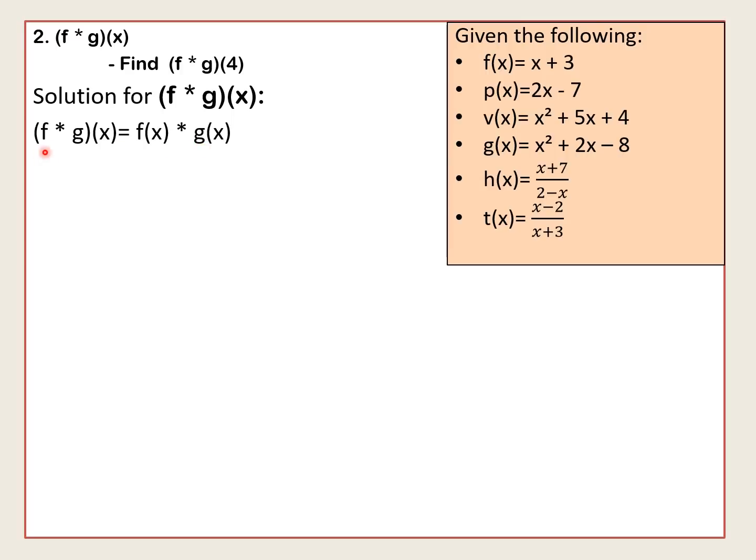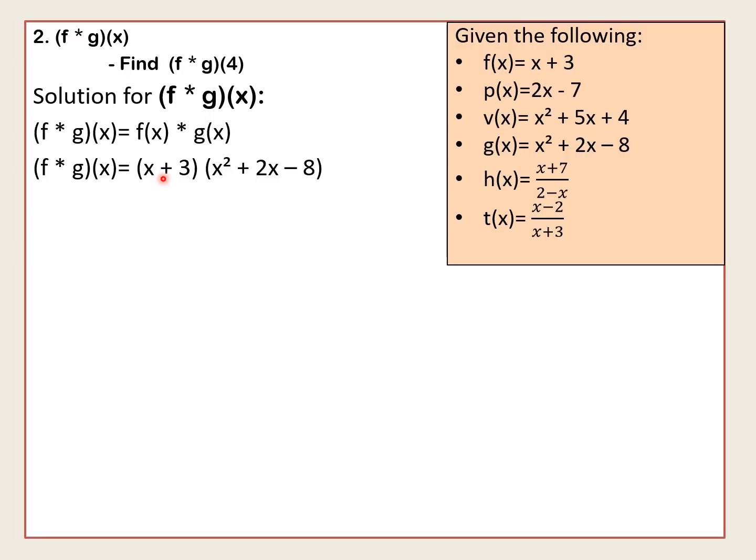Okay, so after we state the definition of multiplication, we have what? Replacing the values of the two functions. So, we write again f multiplied by g of x equals, what is the value of f of x according to the functions here? We have x plus 3. So, since it's multiplication, we always use parentheses.